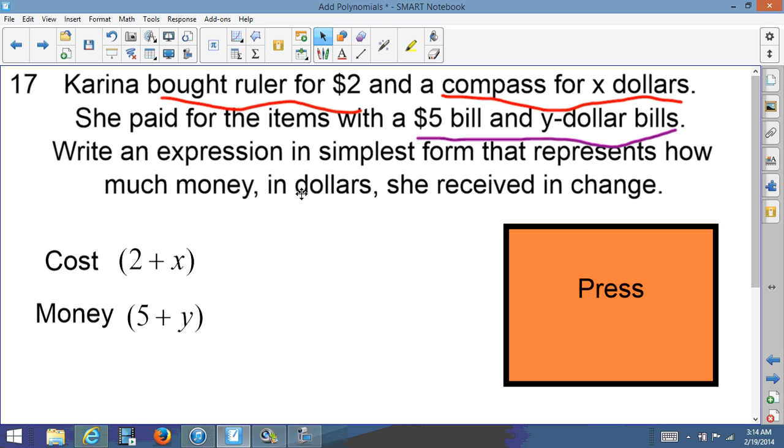Now, how much money in dollars in change would she receive? Well, I would have to subtract the cost from the money that I've given them.